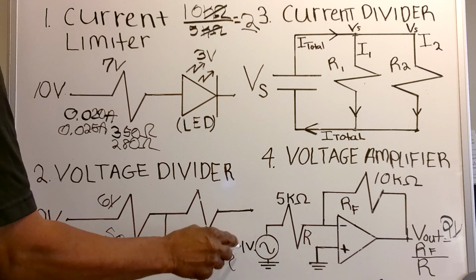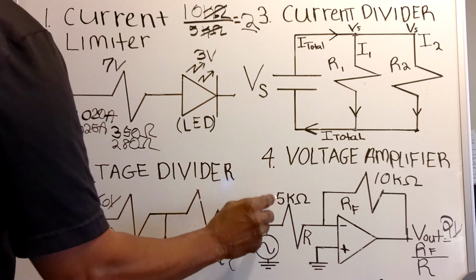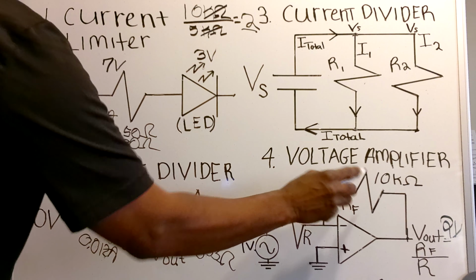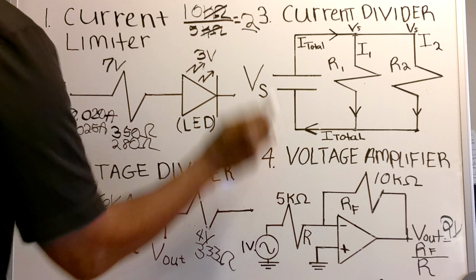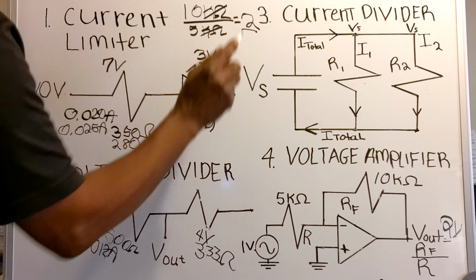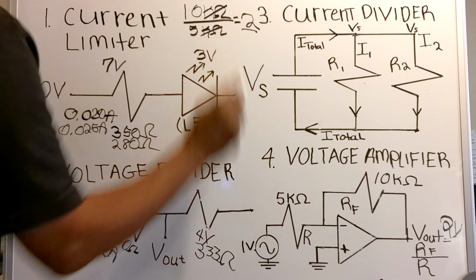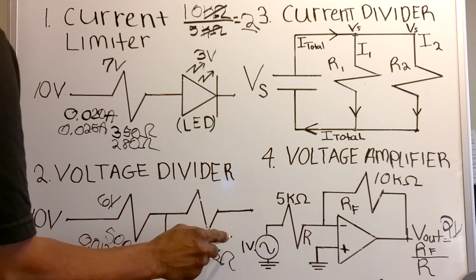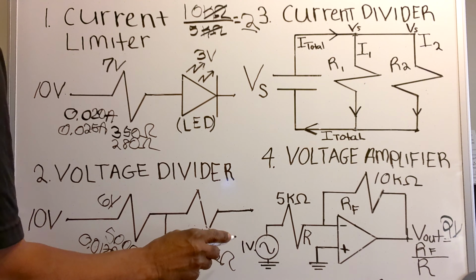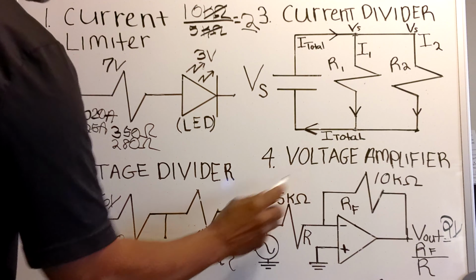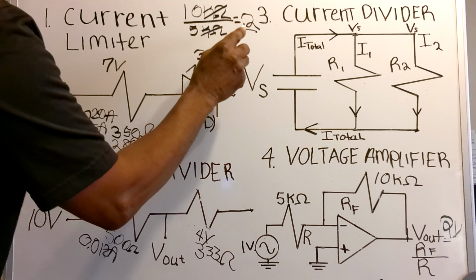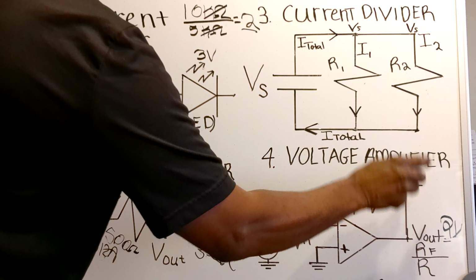If this were 2 volts, with the same resistor ratios, I multiply the 2 volts by 2, and I would have an output voltage of 4 volts. If this were a 3 volt input, and I still have the same ratio between the two resistors, it will be 3 times 2, and the output voltage will be 6 volts.